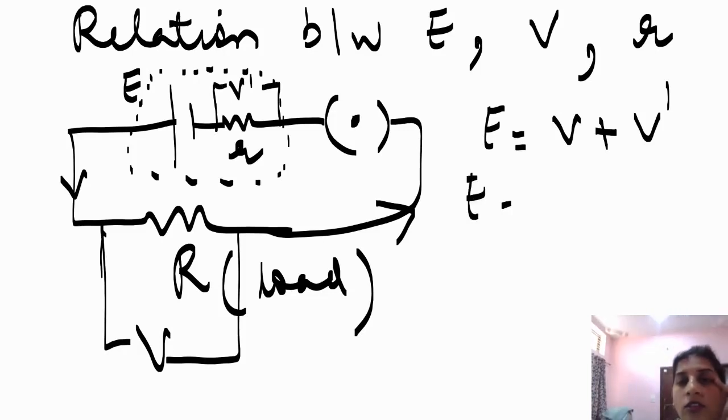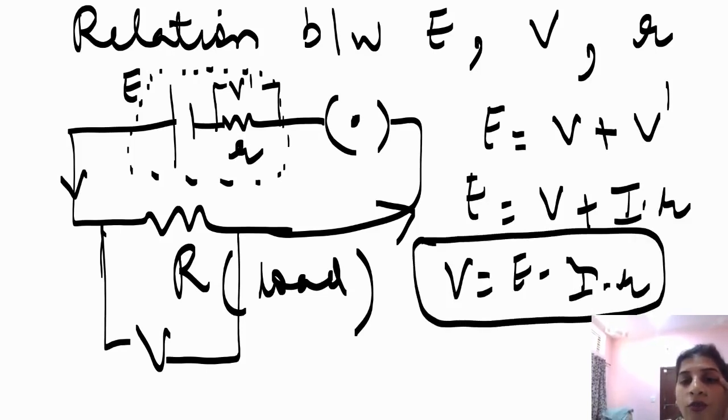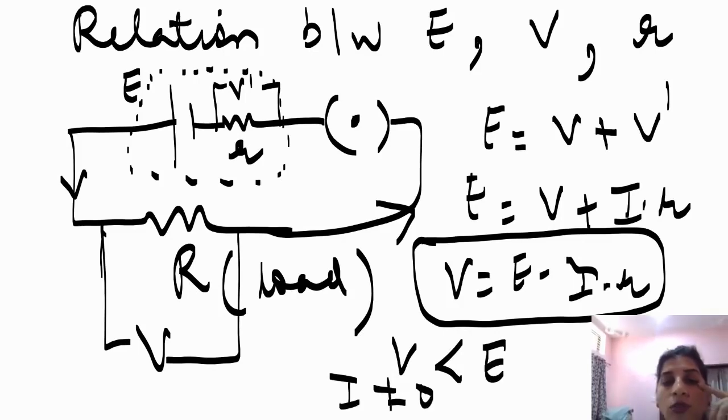So E is equal to V plus I r. And from this, V can be E minus I r. From this relation, you can say your V will always be smaller than E if I is not equal to 0. If I is not equal to 0, then your V is always smaller than E.